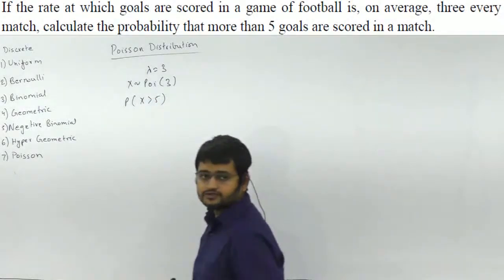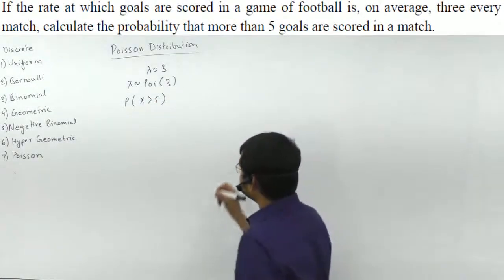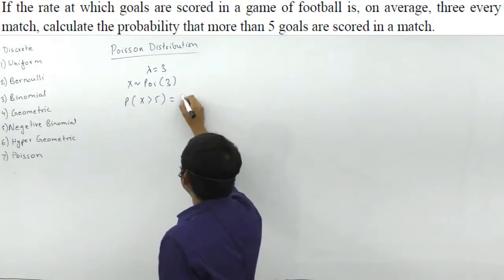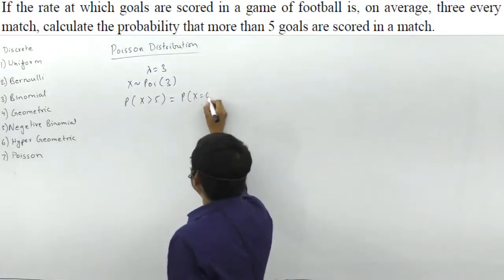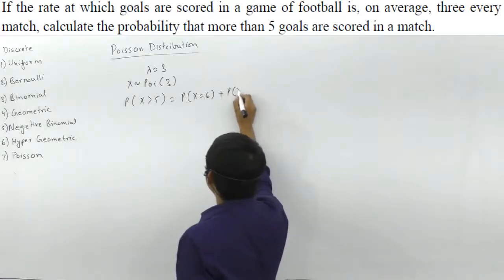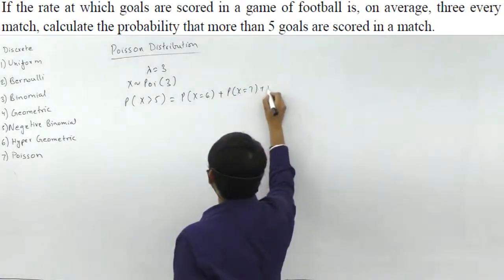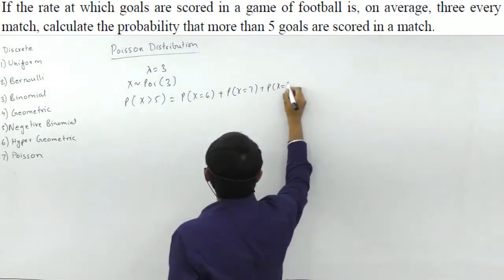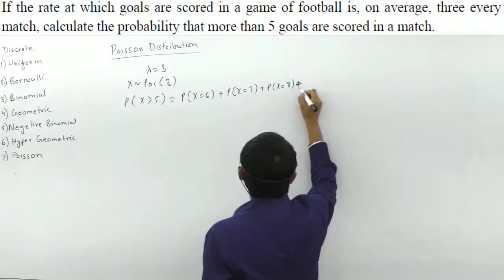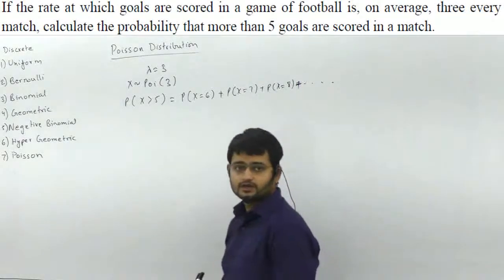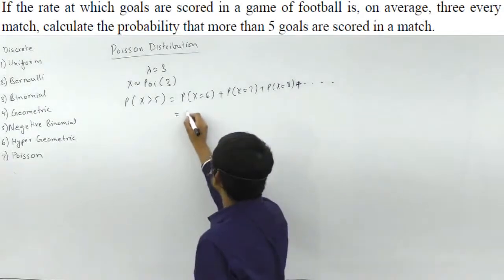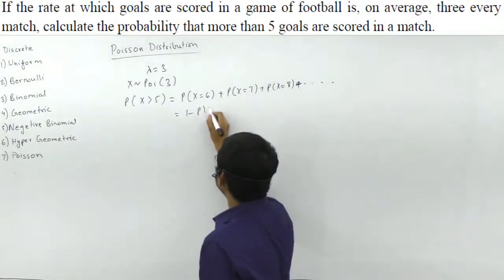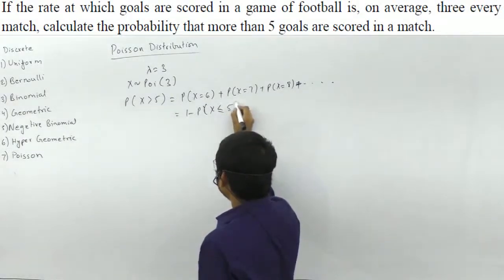More than 5 goals will be nothing but probability x equals 6 plus probability x equals 7 plus probability x equals 8, and so on till infinity. Or I can just say this is nothing but 1 minus probability x less than or equal to 5.